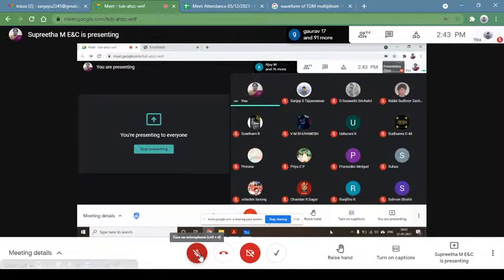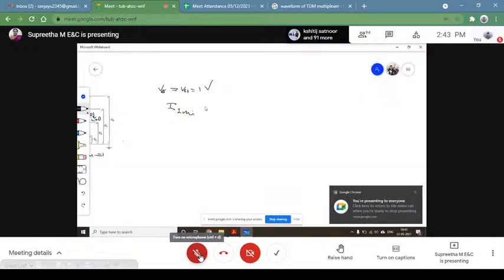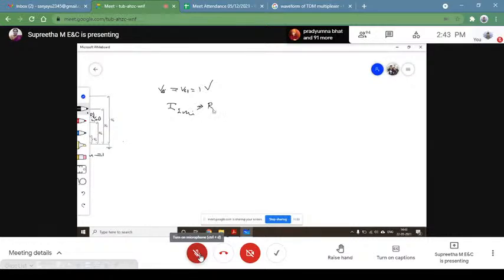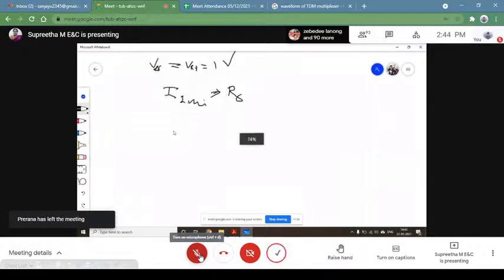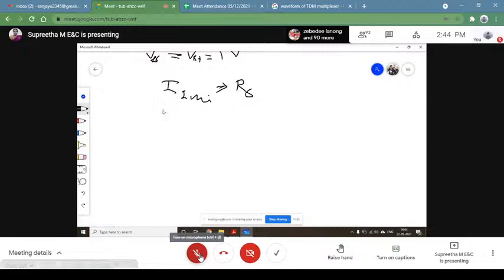So when I say VR6 is equal to VR7 is equal to 1 volt, and I2 minimum is the minimum current which has to flow through R6, so what will be the resistance R6? VR6 divided by I2 minimum.